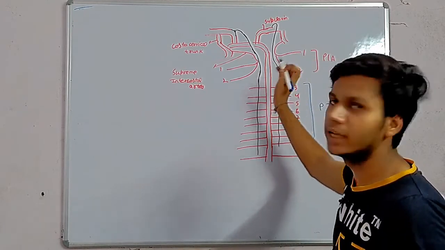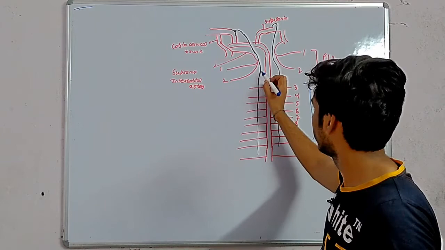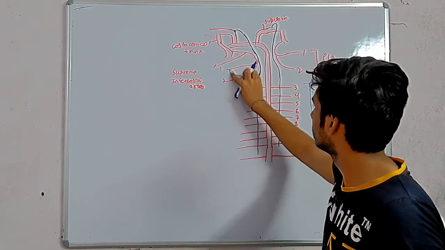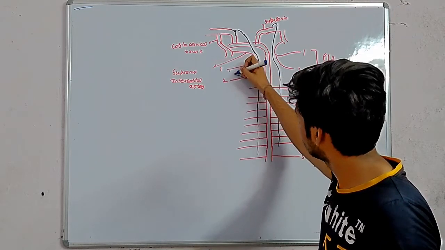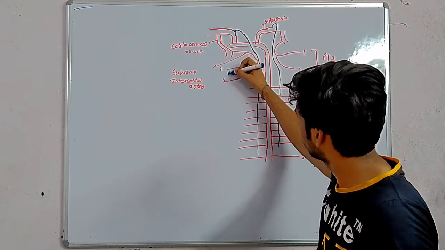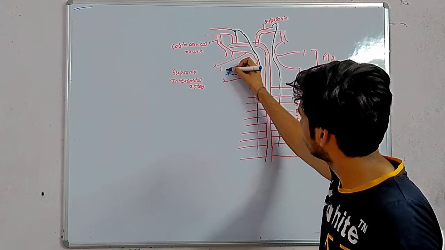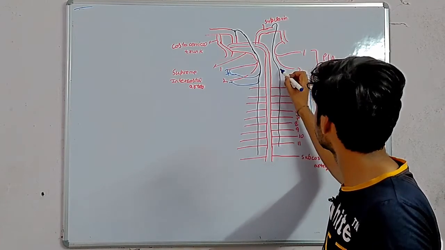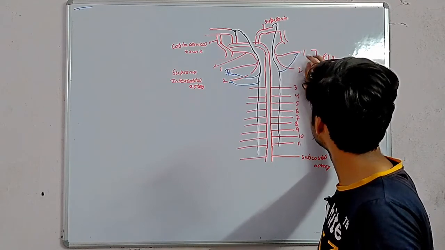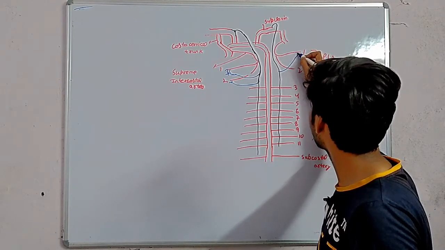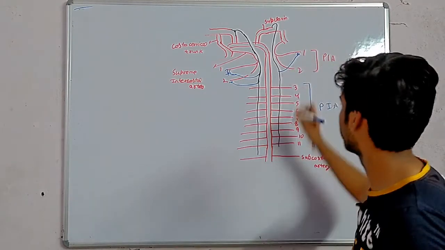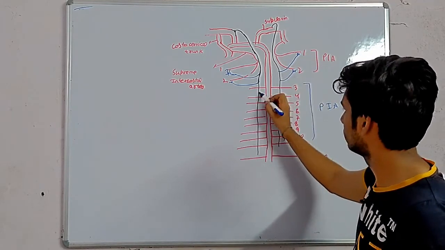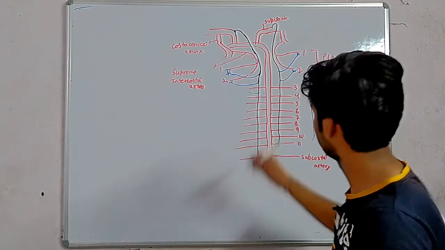It gives the anterior intercostal arteries, which anastomose with the posterior intercostal arteries: the first anterior with the first posterior intercostal artery. This is the anterior intercostal artery, second, third, like this.